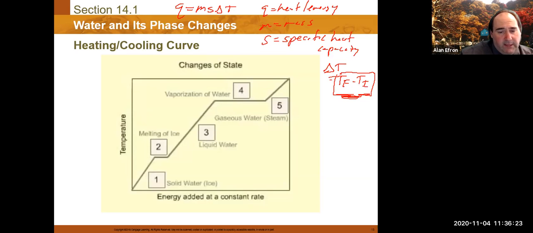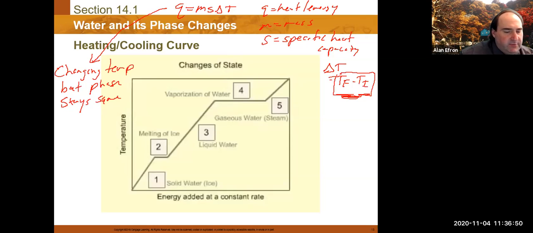So when we look at these different parts of this curve, there's different calculations that you typically would do. We use the specific heat equation when we are changing the temperature, but the phase stays the same.